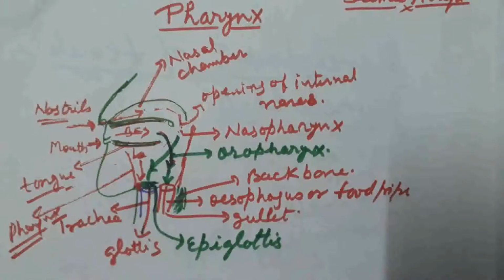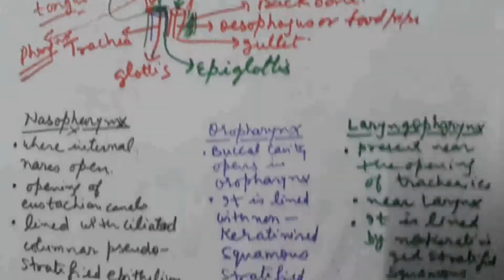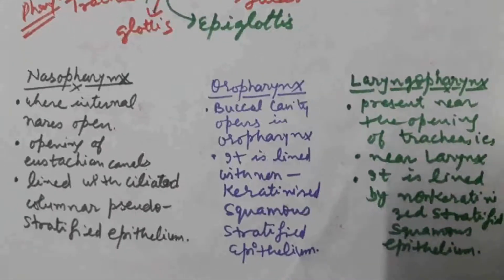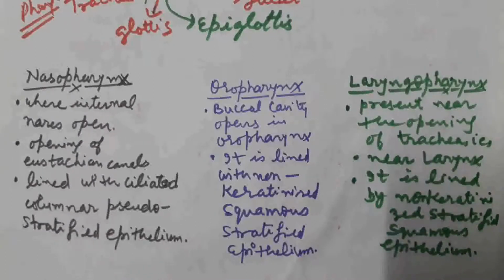एक बार फिर से pharynx के तीनों रीजन की डिटेल को हम यहाँ डिस्कस करते हैं. Nasopharynx region, where internal nares open and opening of eustachian canals also takes place in this area. Nasopharynx region is lined with ciliated columnar pseudostratified epithelium.